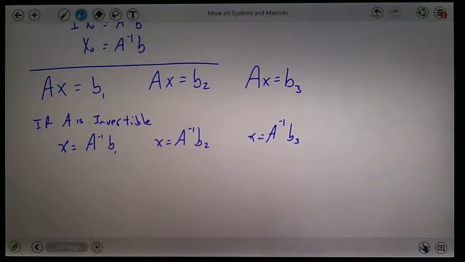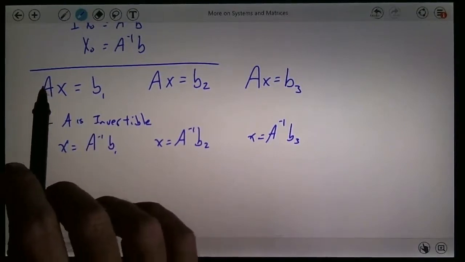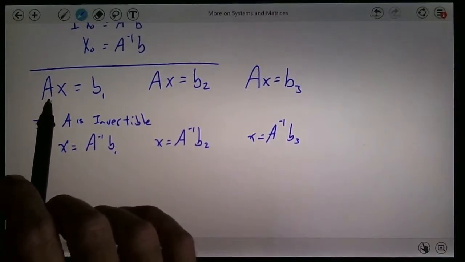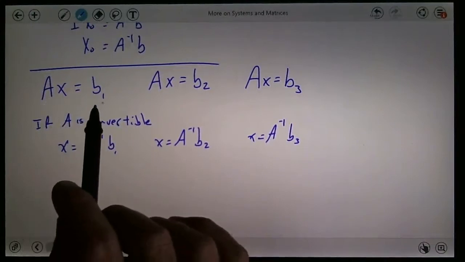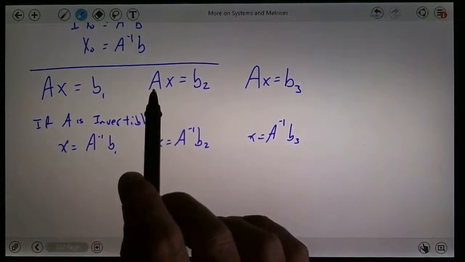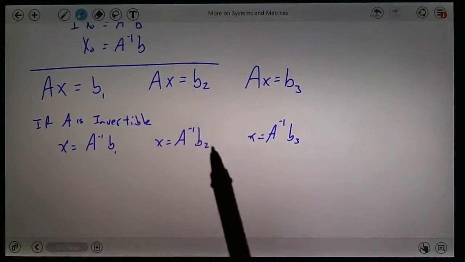But when you think about what it actually takes to do the computation, if you're starting off with a system, you know all the coefficients, the entries in A, you've got to find A inverse. And then you've got to do the matrix multiplication times B1. Likewise here, you've already found the inverse if you did it over there, but then you've got to multiply by B2.